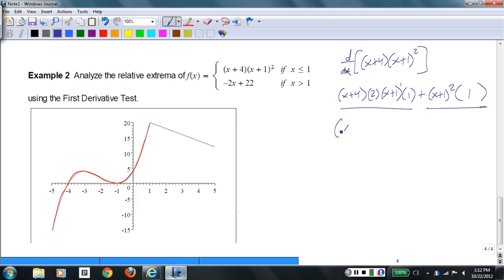So x plus 1, and then something like this. We look at the first component and ask, what can we multiply x plus 1 by to get that? Two times that quantity x plus 4, that's what's missing. Then put a plus, and ask, what can we multiply x plus 1 by to get this other component? x plus 1.